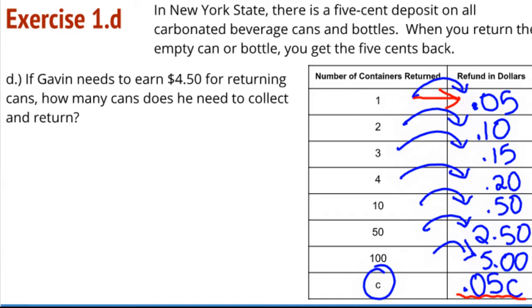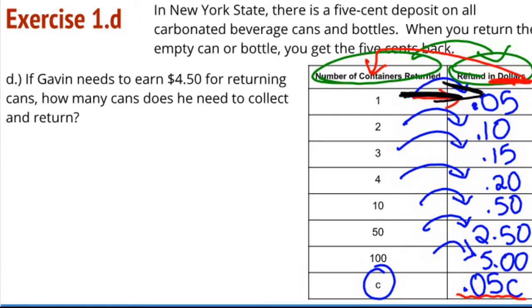Now it says Gavin needs to earn $4.50 for returning cans. Now the first problem we looked at, we were given the number of containers and we were figuring out the refund. Well, now we are getting the dollars that we want and going the other way to figure out the containers. So what operation are we going to need to perform? Well, we were multiplying as we came this way. So what is the inverse operation?